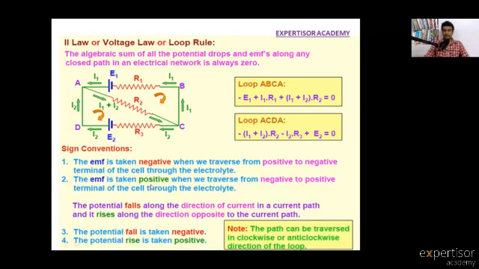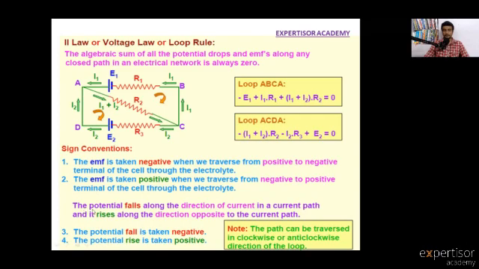The EMF is taken positive when we transfer from the negative to the positive terminal of the cell through the electrolyte. Negative to positive terminal, EMF is positive. Positive to negative terminal, EMF is negative. This is the sign convention for EMFs.